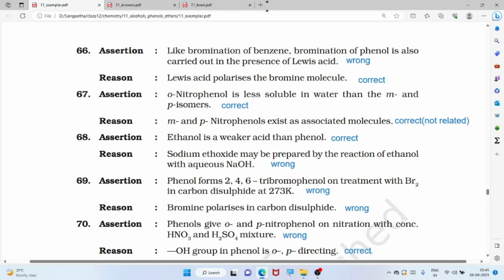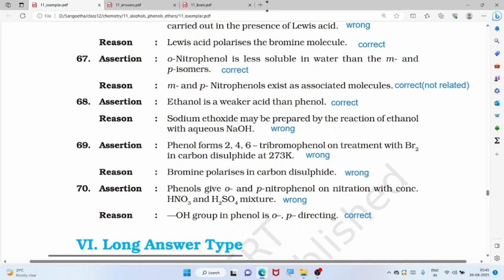No, that is wrong. Lewis acid polarizes the bromine molecule. Correct. Ortho-nitrophenol is less soluble in water than meta and para. That is correct. This is a more active position. M and P nitrophenols exist as associated molecules.